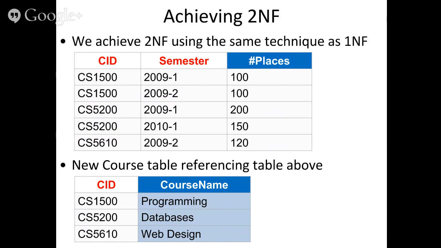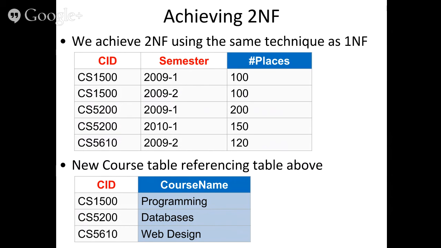Let's look at how to solve this. One way of solving this functional dependency is that the courses should have been a separate table from the get-go, instead of having the name of the course as part of that bigger table. It should have been its own table, where you capture the course ID once and the course name once.